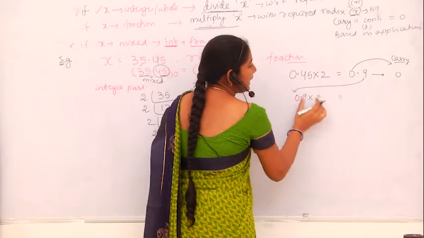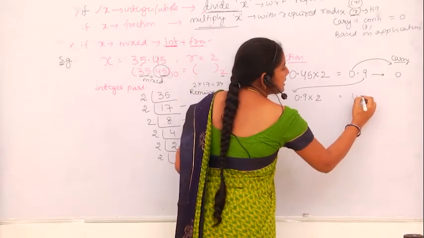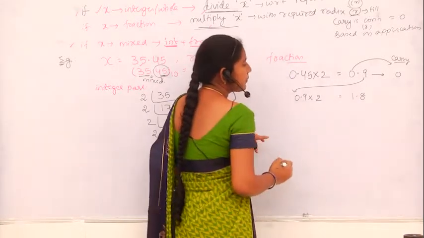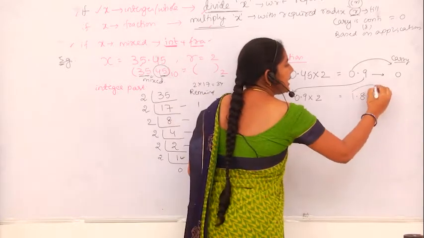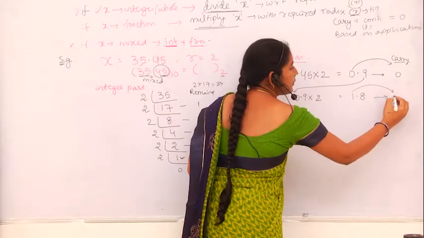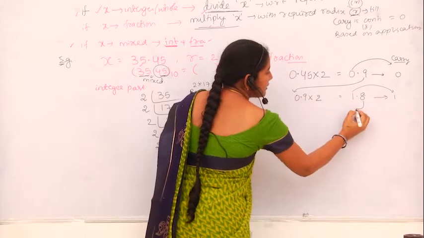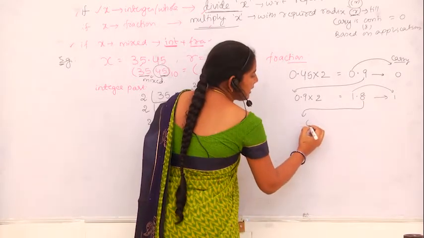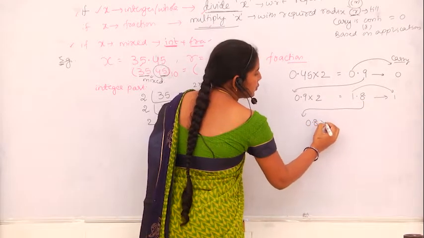Again do the multiplication. Now the result is 1.8. Again consider this integer part out, 1, and this fraction part to the next level, that is 0.8 into 2.